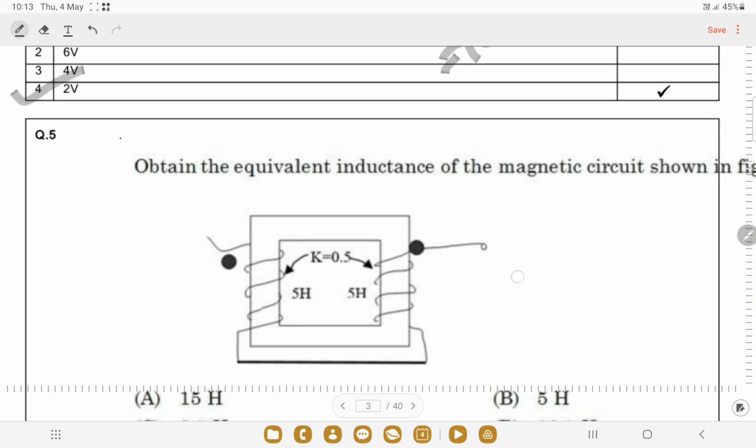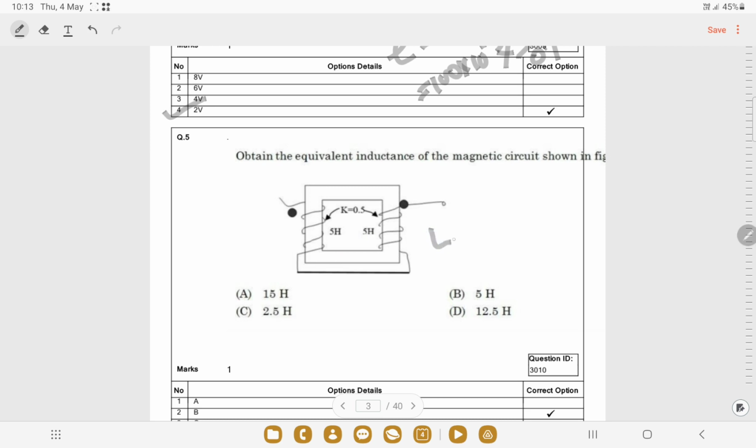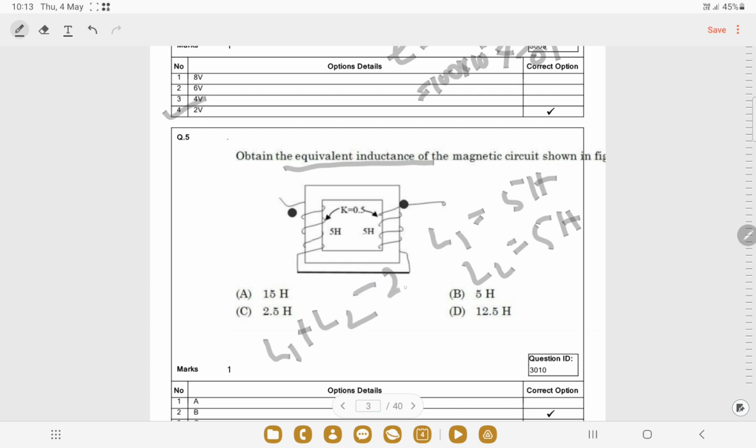Next question, we have a magnetic circuit here. The value of L1, that is of one inductance, is given as 5 Henry, L2 is given as 5 Henry. We have to find out the equivalent inductance. We know that in equivalent inductance, this is L1 plus L2. We can see here it is opposing itself, so it will be minus twice M, where M is the mutual inductance. Now M is not given.